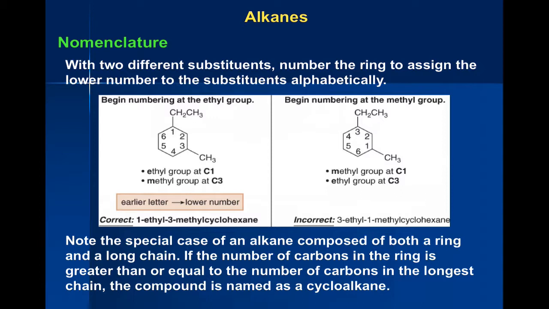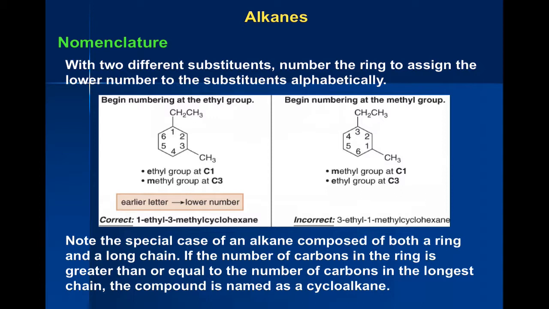With two different substituents, you're going to number the ring to assign the lowest number to the substituents in an alphabetical fashion. Okay, so here we have cyclohexane again, so it's going to be cyclohexane as the parent. We've got an ethyl group and a methyl group, and we could start numbering 1, 2, 3, but we could also go the other way 1, 2, 3 and still have the same numbers for both of them, right? 1 and 3, no matter which way you do it.